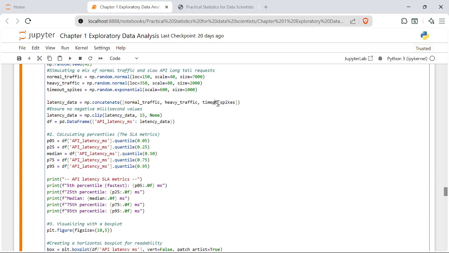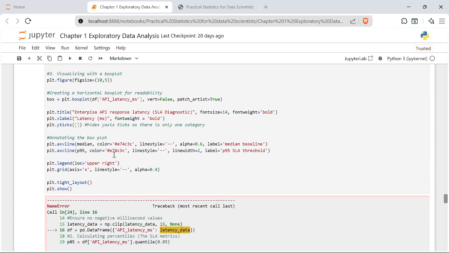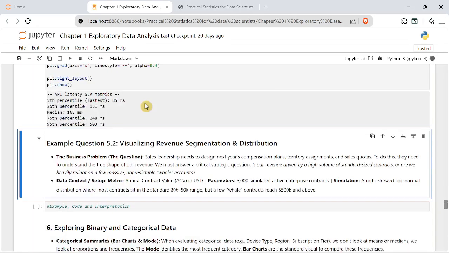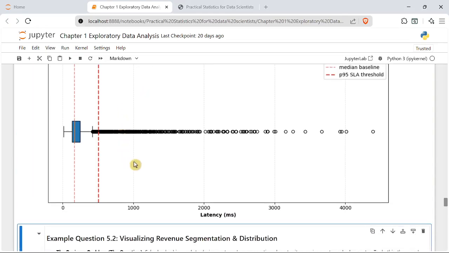Timeout, latency data, df equals latency data. Okay, finally we have the output.